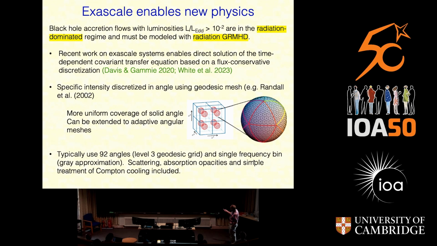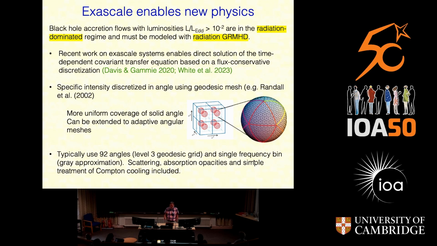Within each spatial grid cell, we have this little geodesic mesh, which stores the specific intensity over the full 4 pi steradians, all the angles, if you like, on the sky. And then we integrate the radiative transfer equation on this geodesic mesh inside each grid cell, and so build up the full temporal, spatial, and angular distribution of the radiation field, from which we can then calculate the radiation forces and energy transport rates in the full GR problem.